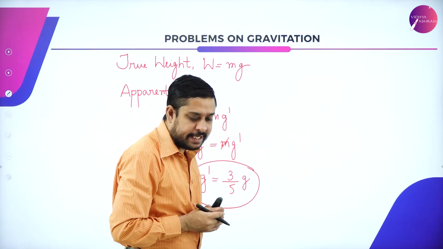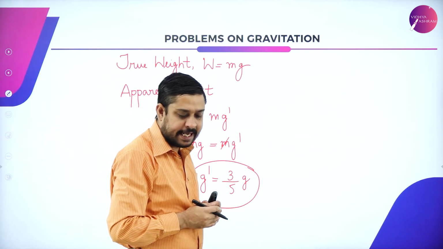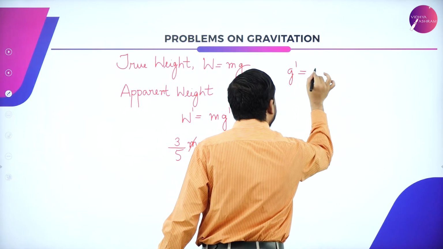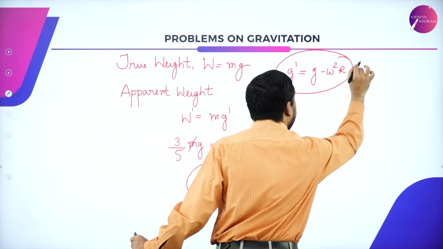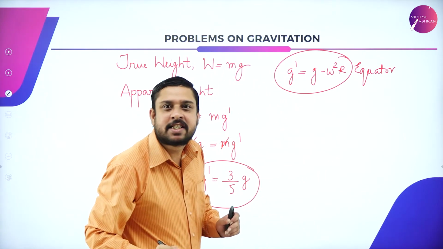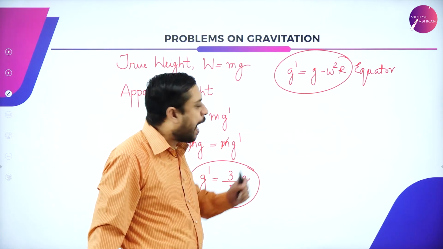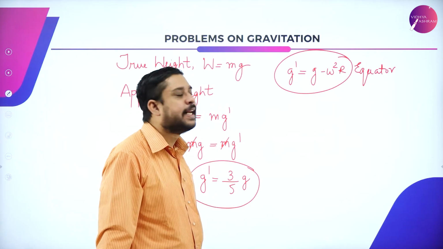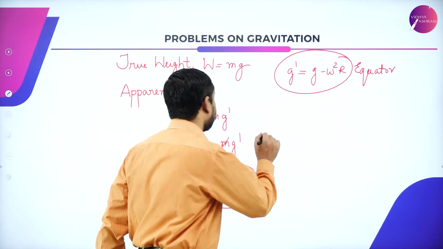Now, where is this variation taking place? This variation is taking place at the equator, where G dash is G minus omega square R. While doing the sessions, we have studied variations of acceleration due to gravity. So at the equator, G dash equals G minus omega square R. But what is G dash?